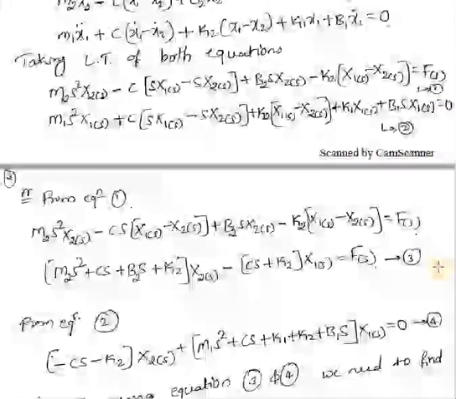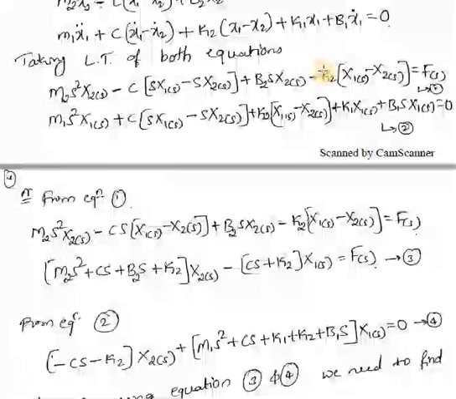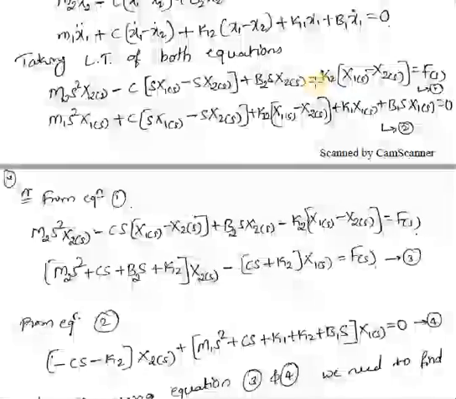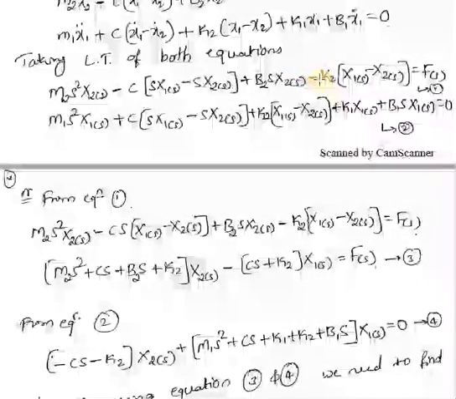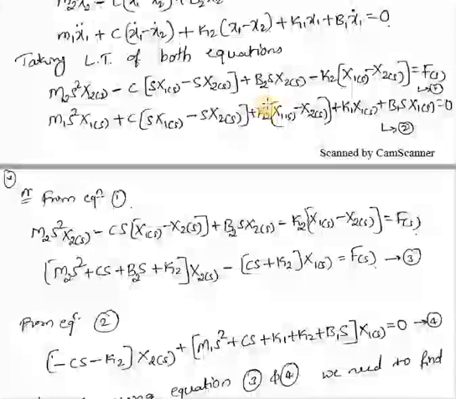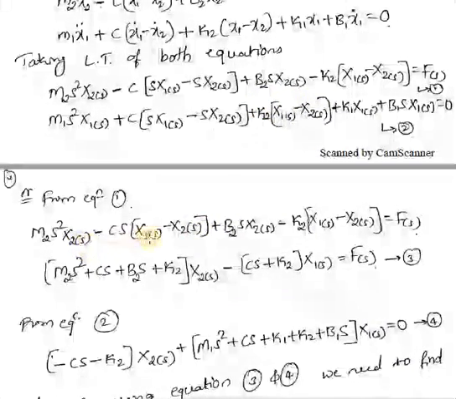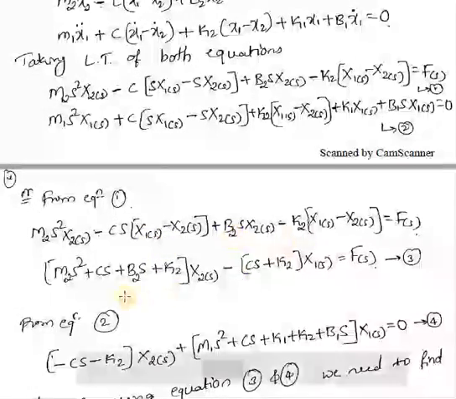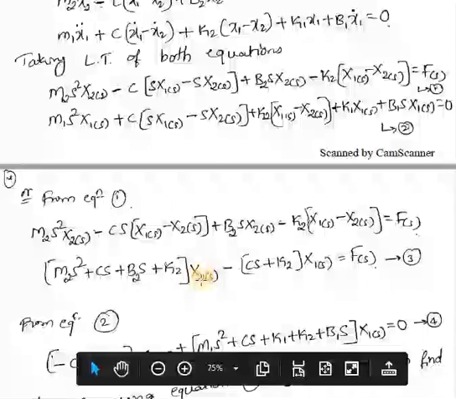Now, from these equations, we can rewrite these equations by taking the x2 terms towards one side and x1 terms towards another side. I have taken x2 of s as common.